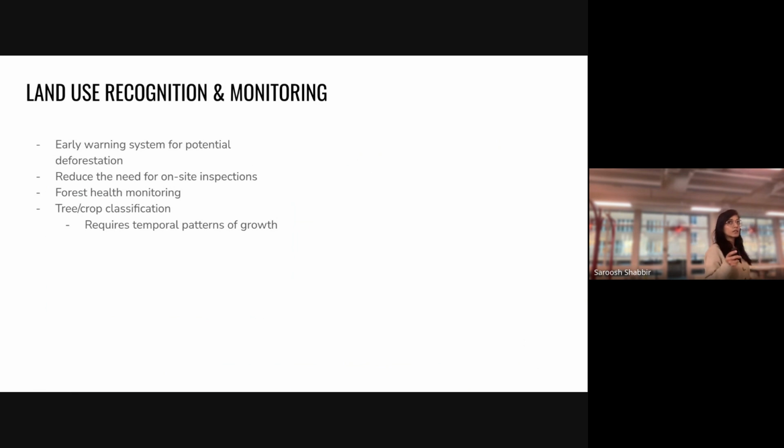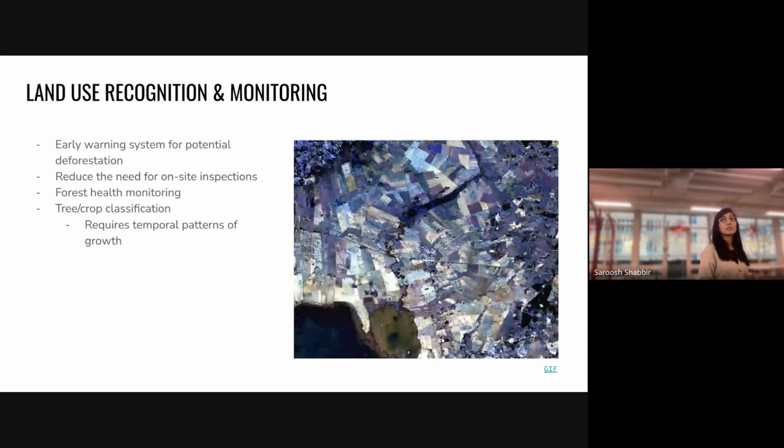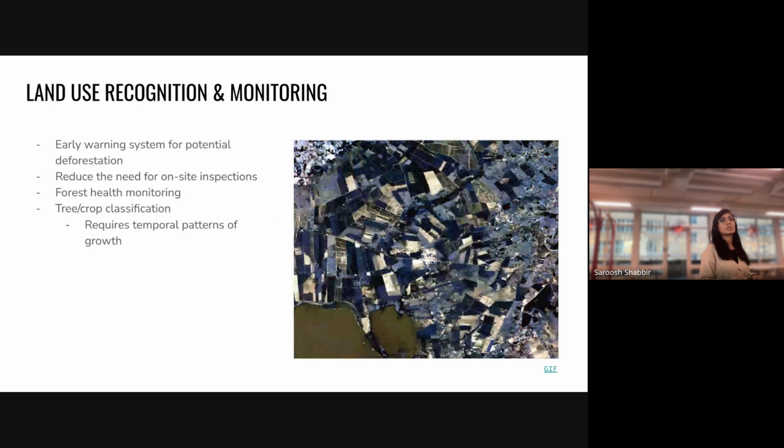The difference here is that one needs to be able to have temporal patterns of growth to be able to detect which particular kind of species of crop or tree it is. So from static satellite images, one is already in the domain of time series of satellite images.